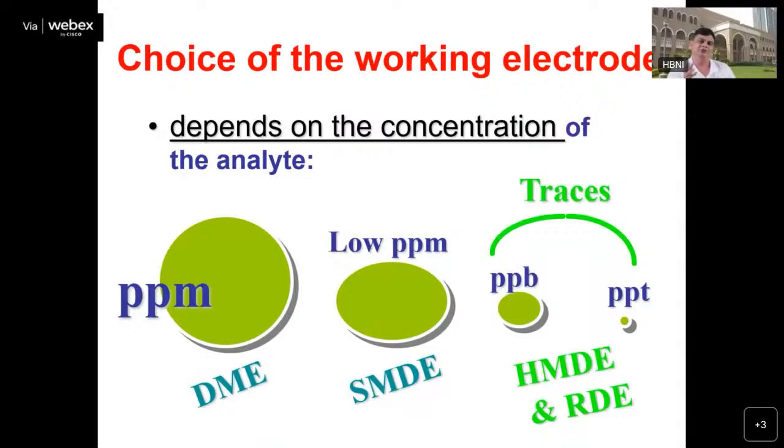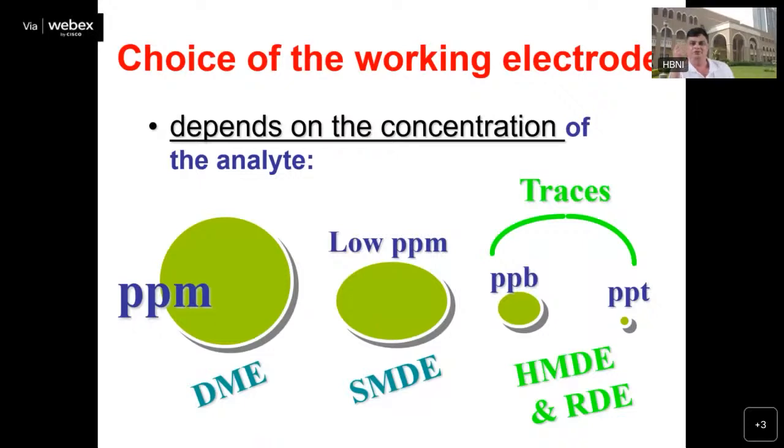There is no harm in using the others, but why go for a more tedious and expensive one? A dropping mercury electrode is more than enough when we have analyte concentration in the ppm range, and for a low ppm range it is better to use the static mercury drop electrode.